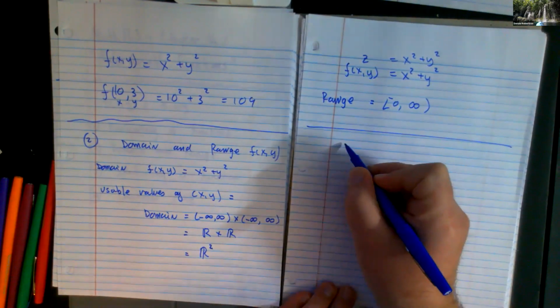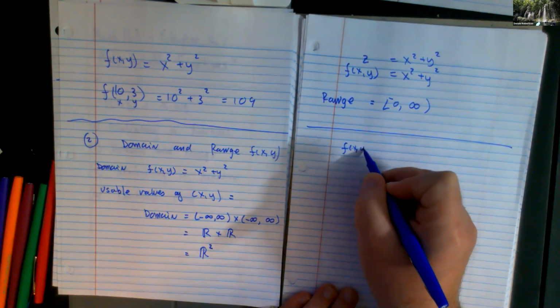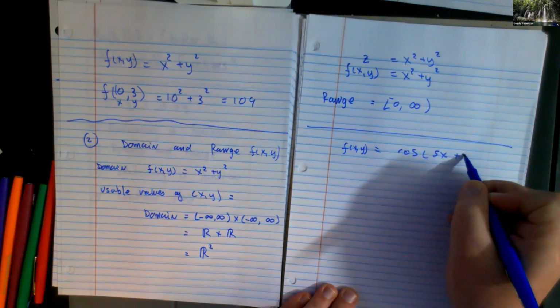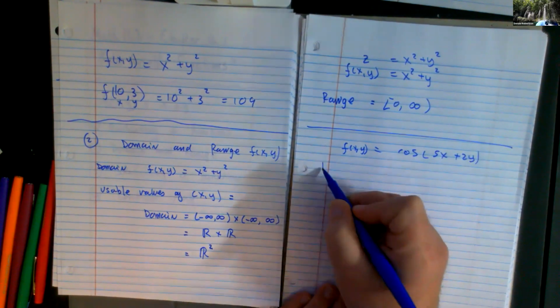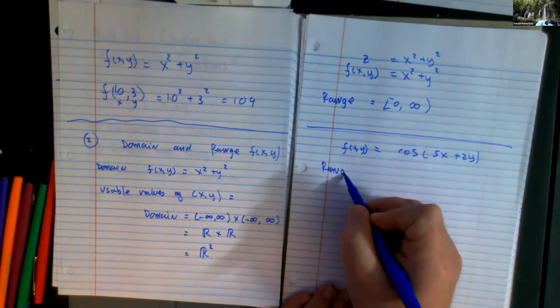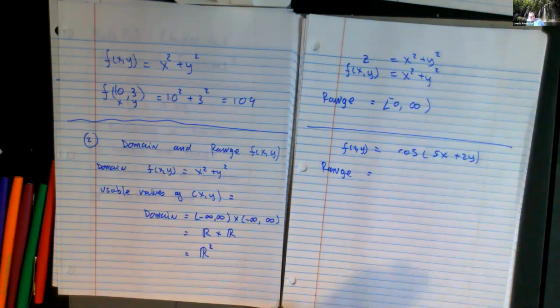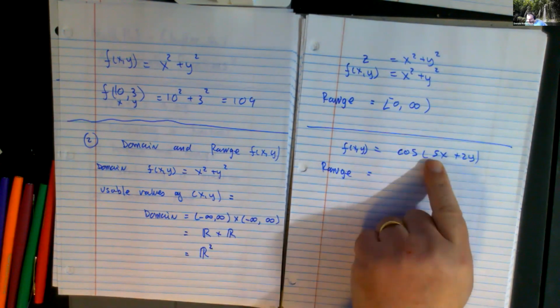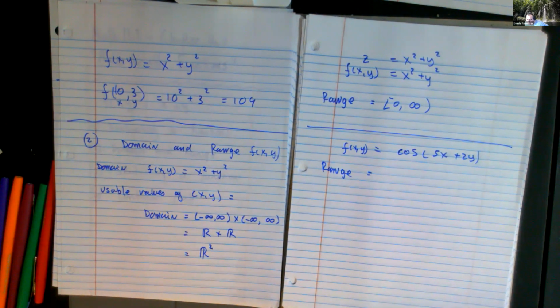How about this function? Now, I know 5x plus 2y could be any number in the universe, right? It could be minus a million, a trillion, plus a billion, a zillion, right?